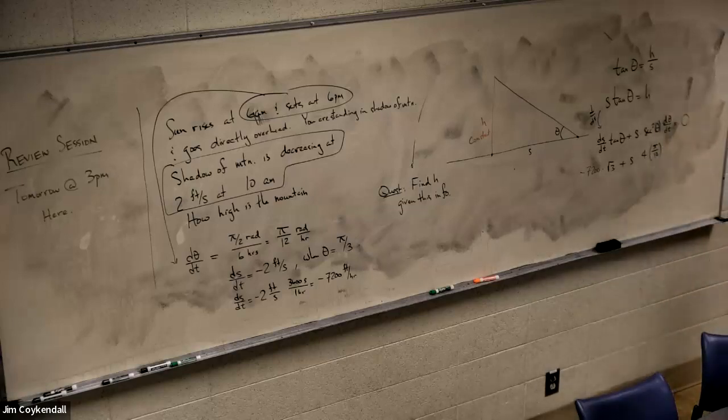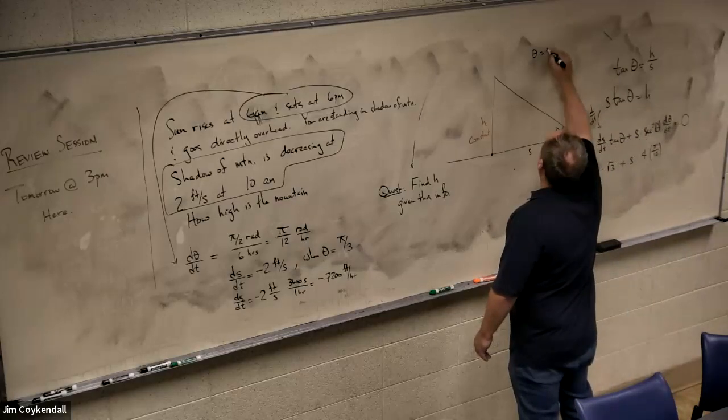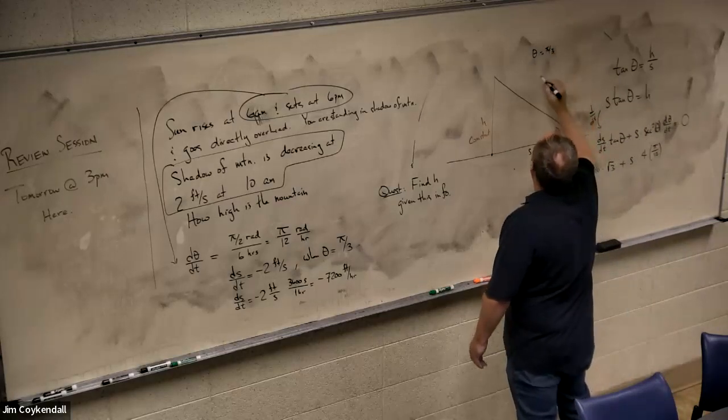What's that mean? I think that's the point. You mean what secant is? Okay, so let me break that up. So theta is pi over 3, right?